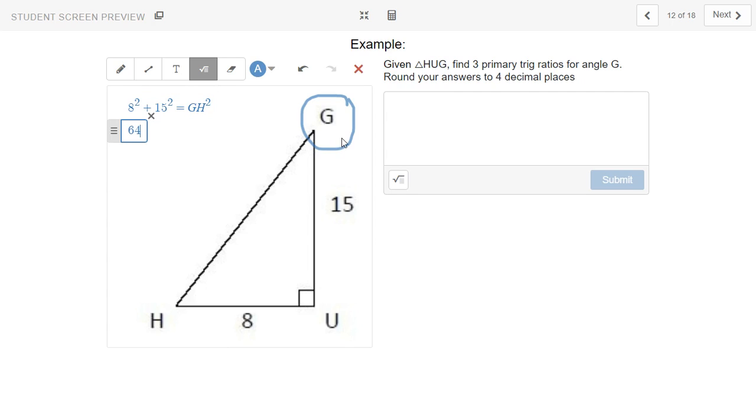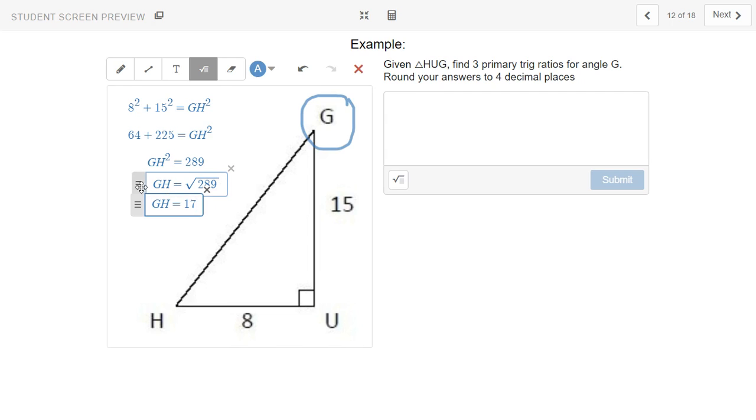So we have 64 plus 225 is equal to GH squared. GH squared is equal to 289. Let's take the square root of that, and we have GH is equal to 17.